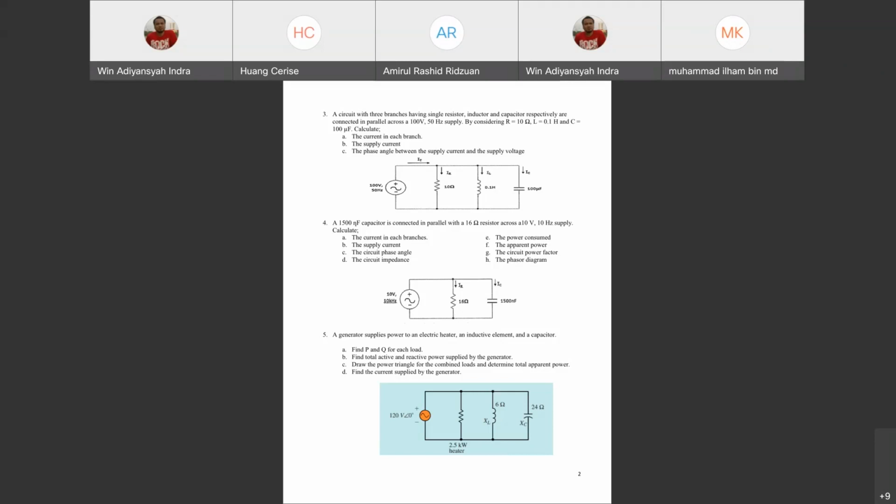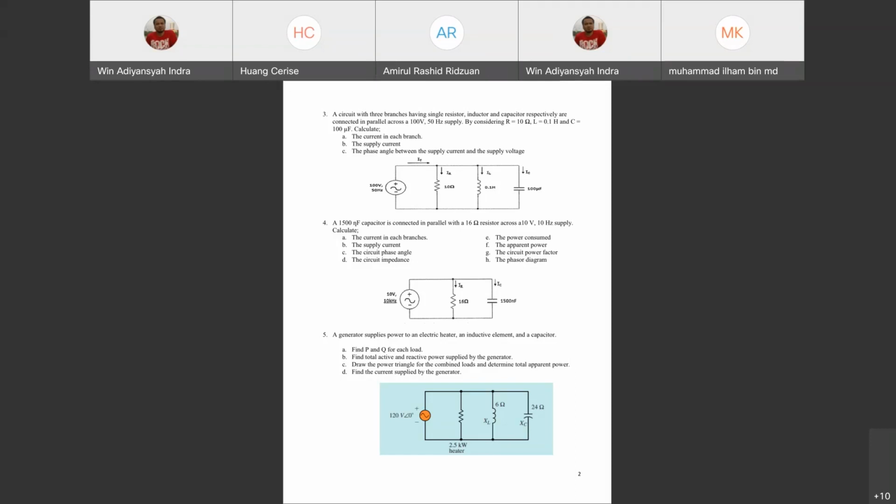A circuit with 3 branches having a single resistor, inductor and capacitor respectively are connected in parallel across a 100 volt and 50 hertz supply. So this is the power source, 100 volt and 50 hertz.